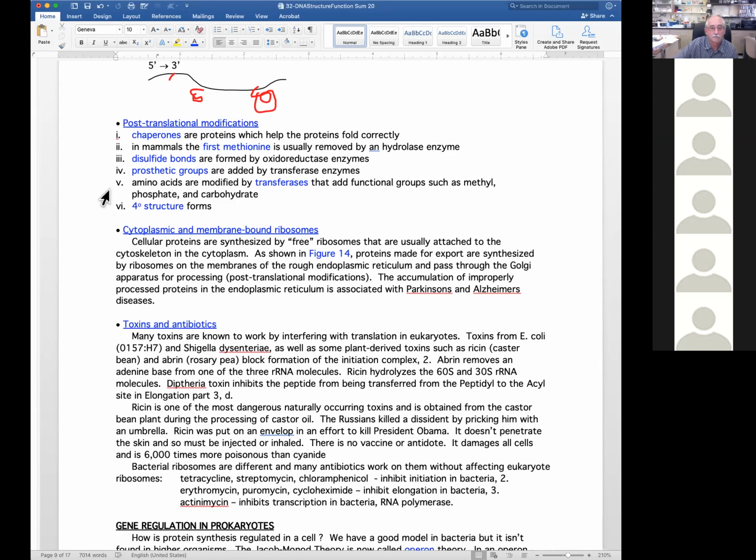Amino acids can be modified by transferases, add functional groups, and then quaternary structure forms. So notice that we had post-transcriptional modifications and we have post-translational modifications. Both of those make it very difficult to take a protein and go back and get the sequence of DNA, or to take messenger RNA and go back and get the exact sequence in the DNA, because of those processes.